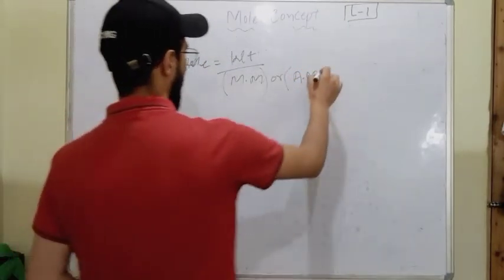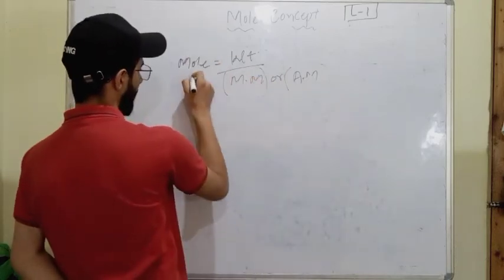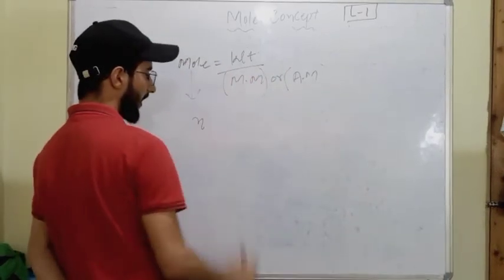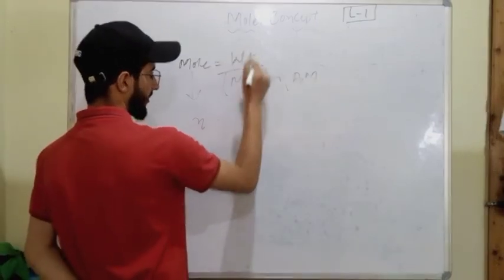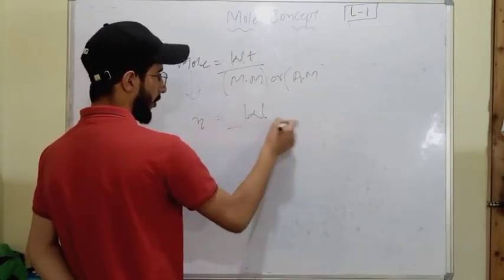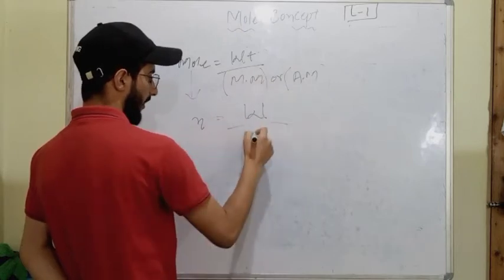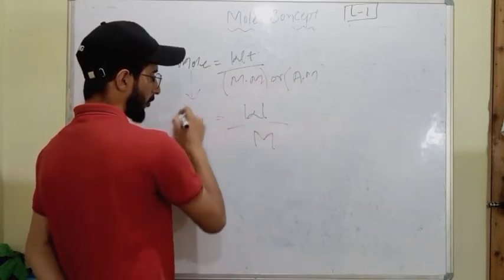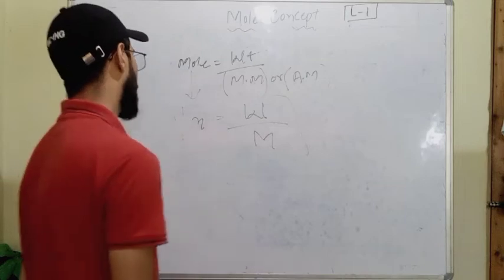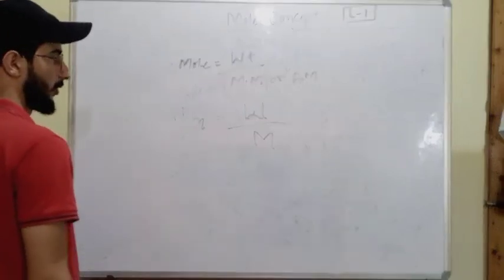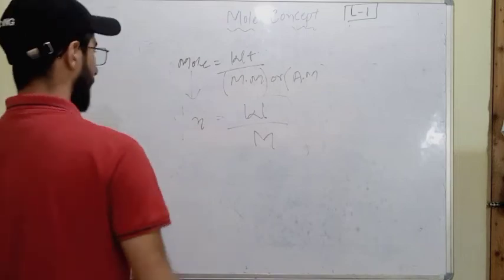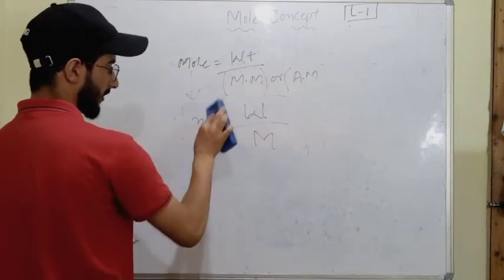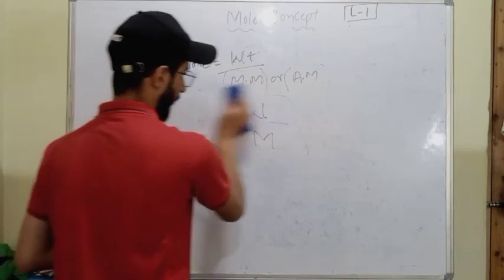The number of moles is represented by small n, the weight by W, and the molecular or atomic mass by M. This is the formula that we are going to use in some questions. I'm giving you some questions, and we use this very formula to solve these.